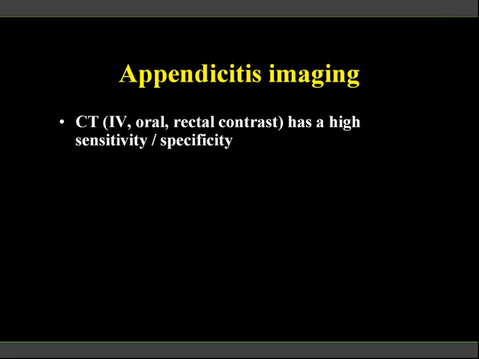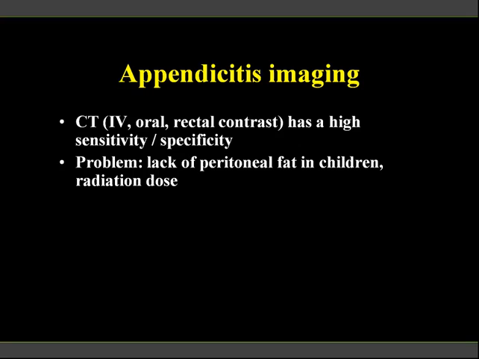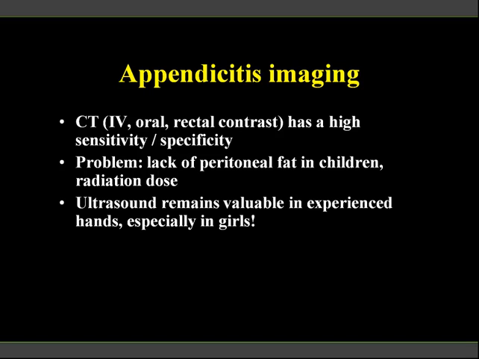So we used CT predominantly in the past with a variety of contrast materials. It has the highest sensitivity and specificity. The problem, of course, in children is the lack of retroperitoneal fat, so we don't always identify the normal appendix, and then the radiation problem that I mentioned earlier.